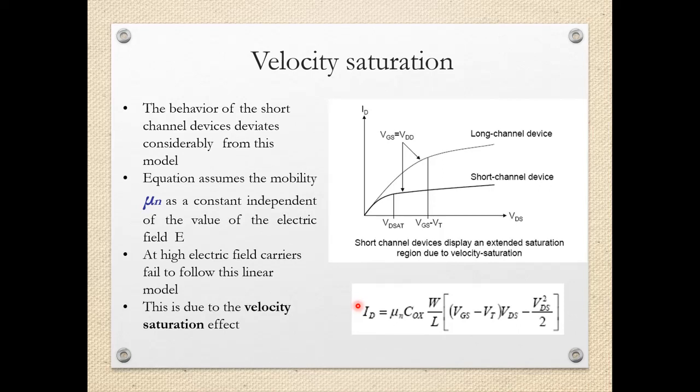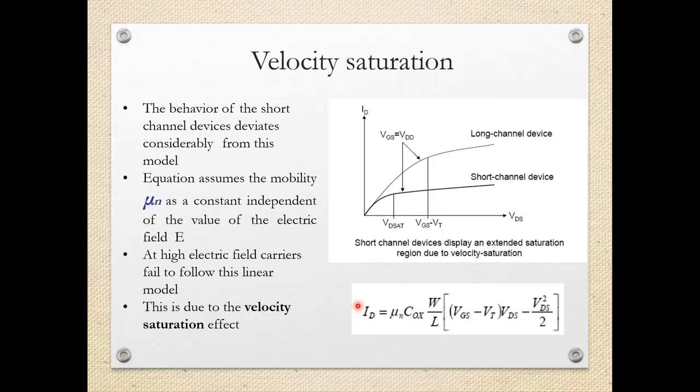But for the short channel device, the ohmic region or linear resistance region is not present at all. It is very, very small. Only during the initial small value of VD, called VD sat, there is a change, and after that it becomes saturated. So short channel devices display an extended saturation region due to velocity saturation. In the equation given here, you can see the mu n term.